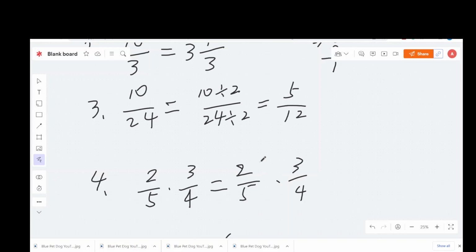We want to find a common factor. So here, 2 and 3 are numerators, and this part is the denominator. Now we can divide something from a numerator and denominator if we divide the same factor. So this equals the original fraction.